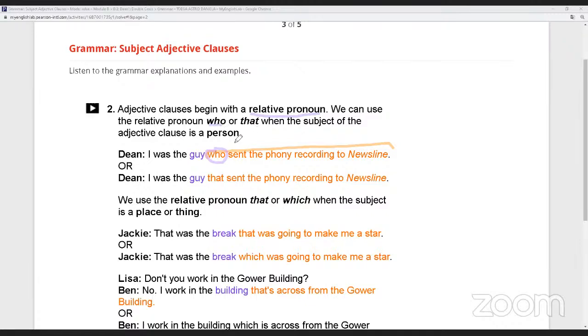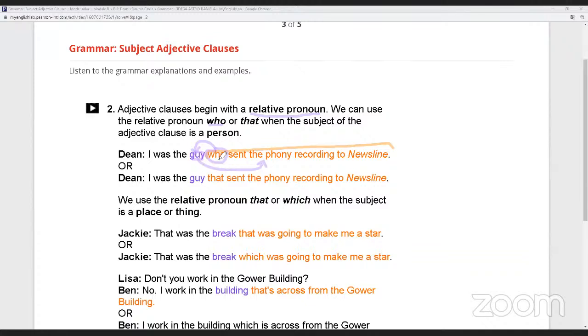We're gonna use who to talk about a person, right? So as you can see, who is working on the guy, right? Then the rest of the sentence, the adjective clause, sent the phony recording to Newsline. It's more information about this guy, right? So this adjective clause contains more information about this guy.